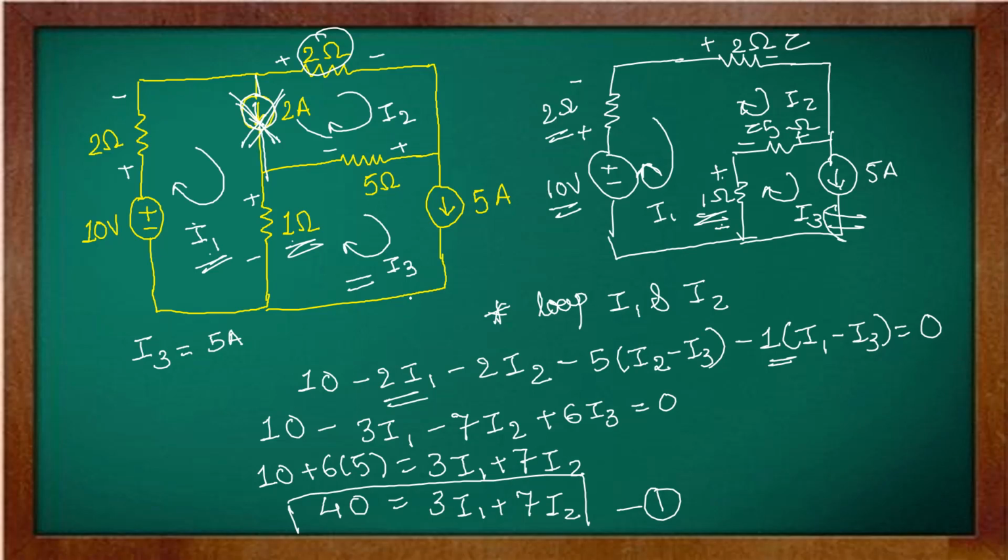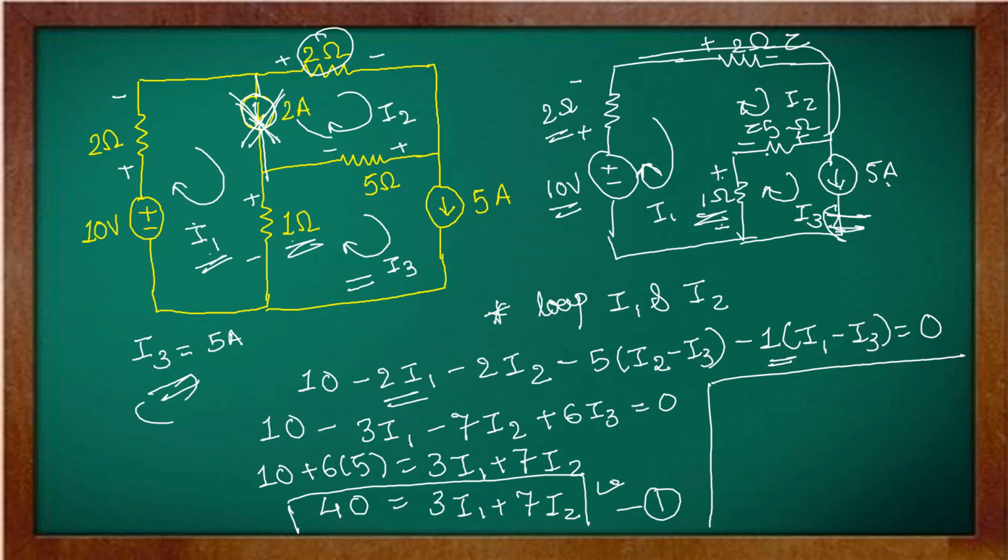Alright. Now here we have 3 different loops. But directly we have the value of I3, so that is alright. Now we have 2 different loops, I1 and I2, so we require 2 different equations if we want the currents I1 and I2. This is only the one equation, and we cannot write down the equation for I3 because the current is directly there.